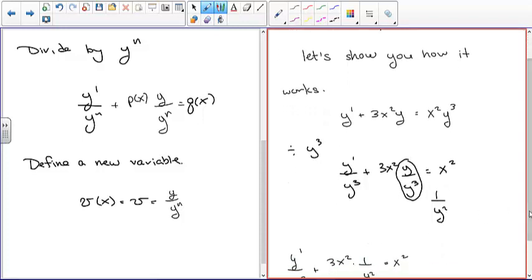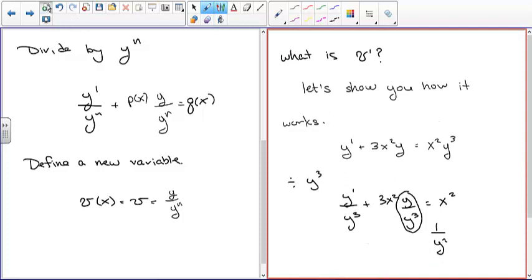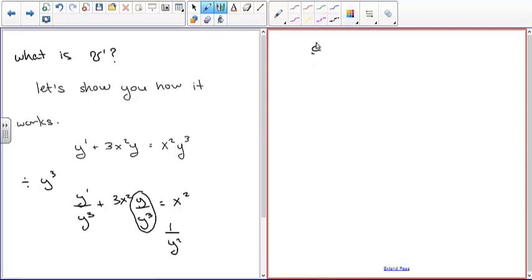Then what we're going to do is take the derivative with respect to x of 1 over y squared. And why are we going to do that? Because that is equal to the new variable.